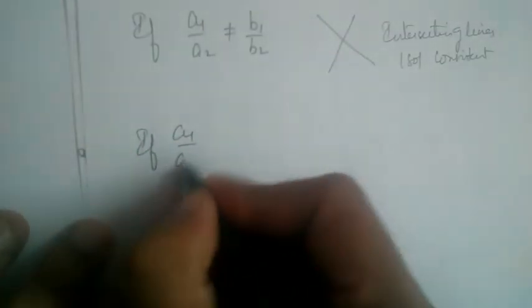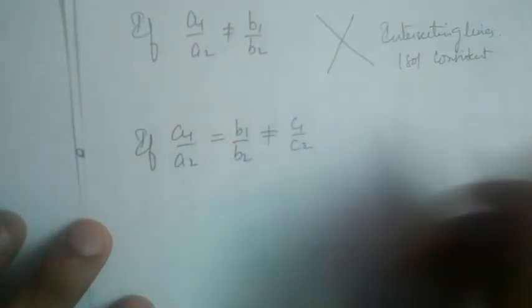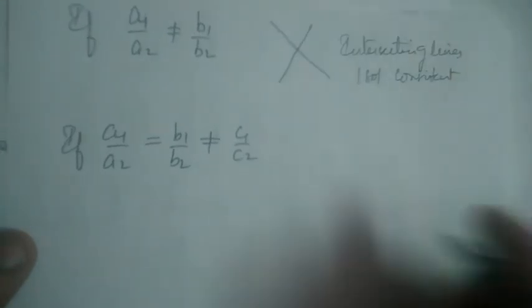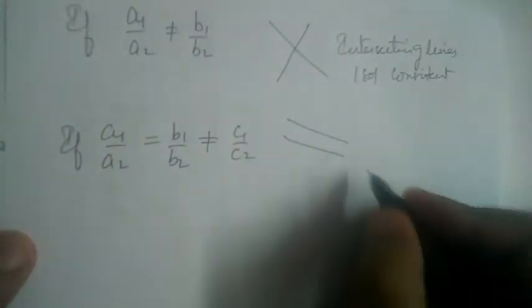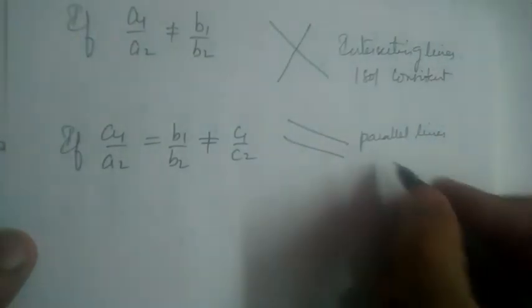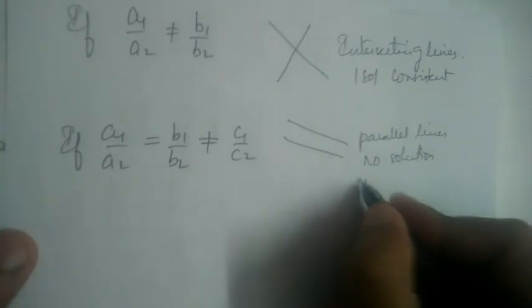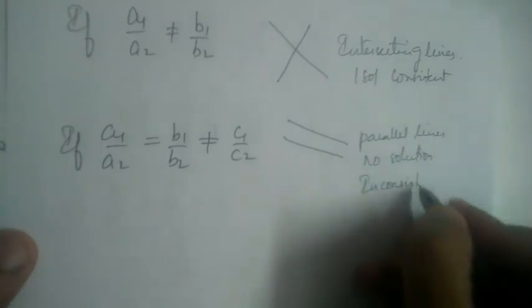And if a1 by a2 is equal to b1 by b2 not equal to c1 by c2, the lines will be parallel lines. How many solutions? No solutions, in fact. Inconsistent.